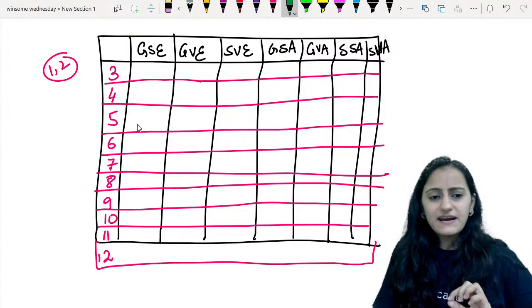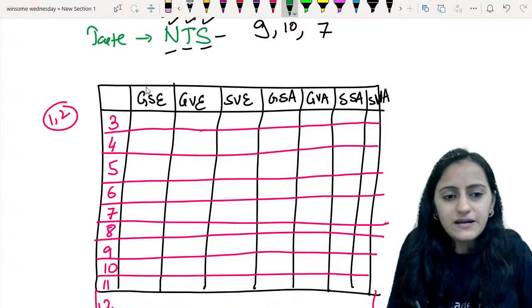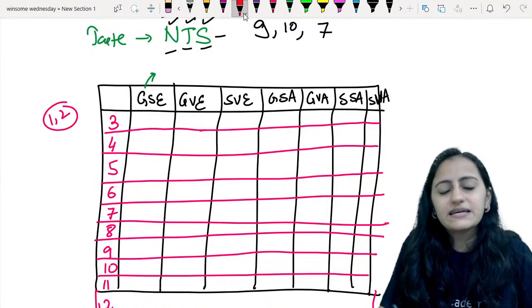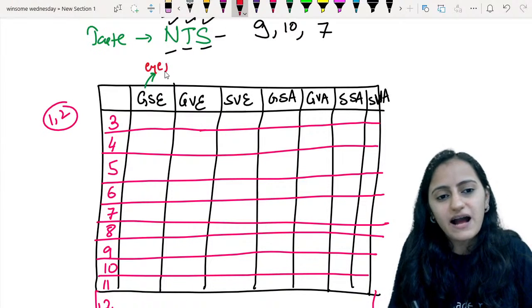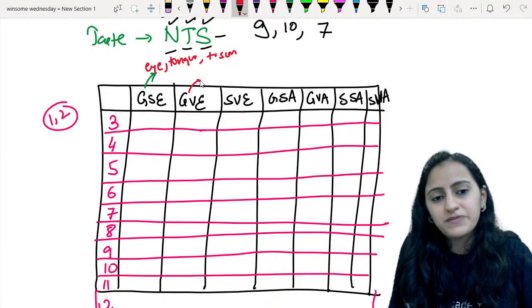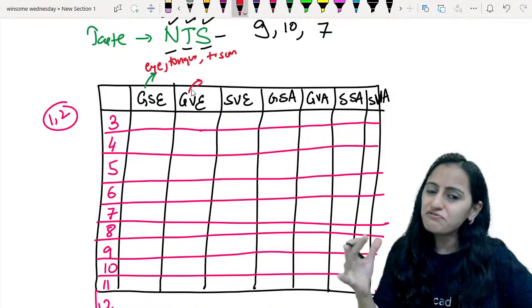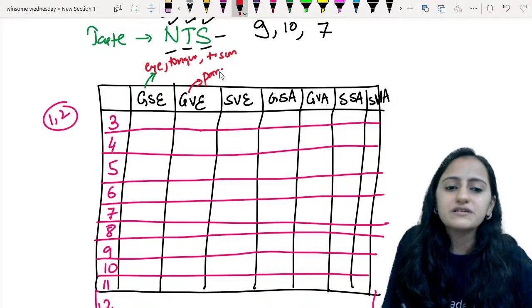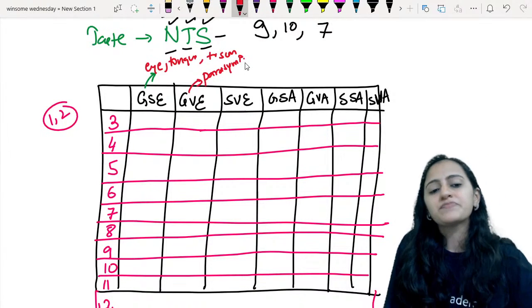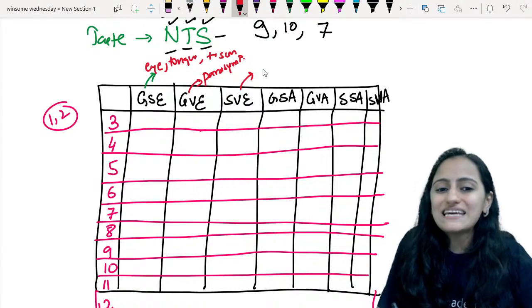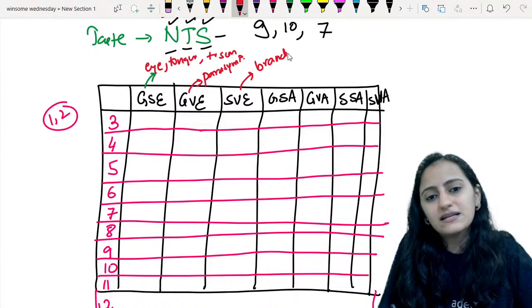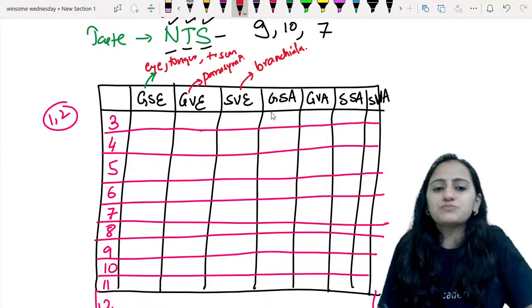Let us quickly revise what comes in which column. General somatic efferent is your muscles of eye, muscles of tongue, trapezius and sternocleidomastoid. What is general visceral efferent? It is your parasympathetic. What is special visceral efferent? Your branchial arch muscles.